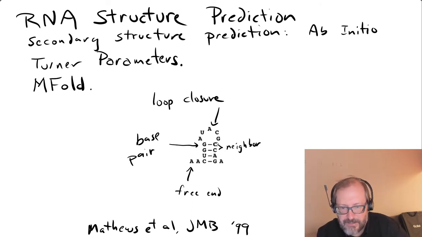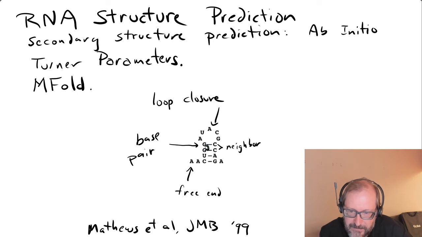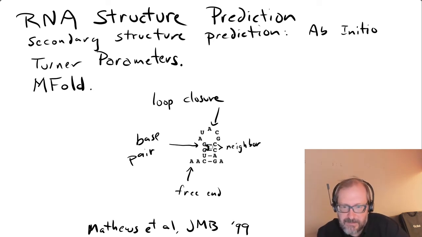So you get some points for forming this GC, and this GC down here, and some different points for making this UA. And then on top of that, there's some energetic benefit to stacking these two consecutive bases, actually on both sides, right? And it depends on the residue, how much energetic benefit you get.